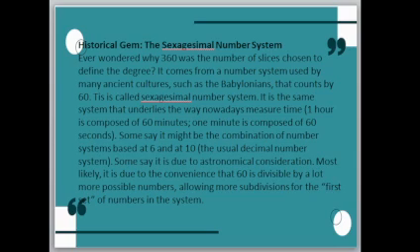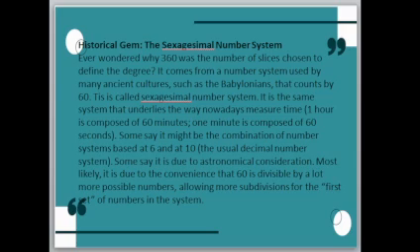So this is called the sexagesimal number system. It is the same system that underlies the way we measure time nowadays. That is, 1 hour is composed of 60 minutes, 1 minute is composed of 60 seconds. Some say it might be the combination of number systems based at 6 and at 10.